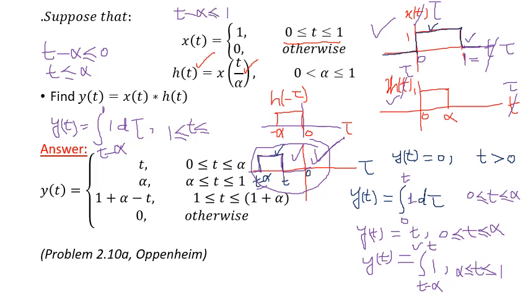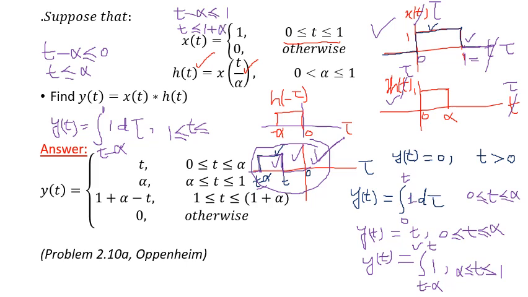Why? Because t minus alpha is this point, and 1 is this point. So when t minus alpha crosses 1, this signal is non-zero, but this signal is 0, so the resulting convolution will have 0 values. So what does it mean? That means t is less than or equal to 1 plus alpha.